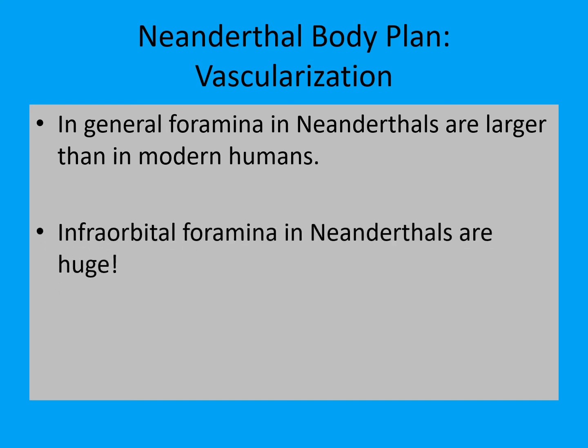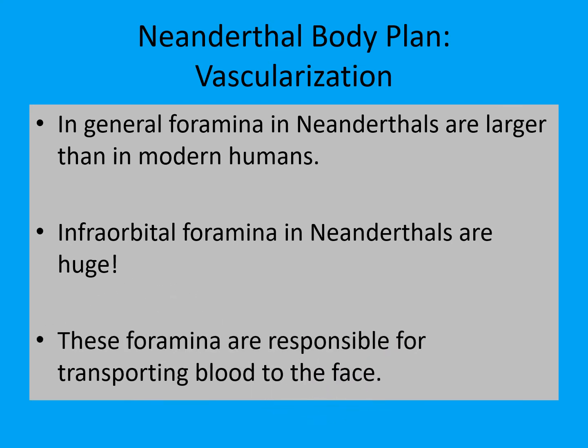The infraorbital foramina, the ones that go to the face in Neanderthals, are huge, which if you think about it makes sense if we go with this cold adapted sapien hypothesis, right? It would be better to have that better circulation in order to fend off the cold, right? So these foramina are responsible for transporting blood to the face.